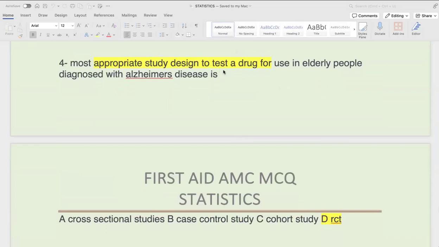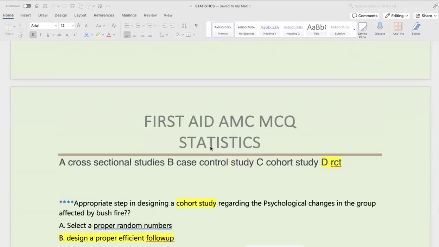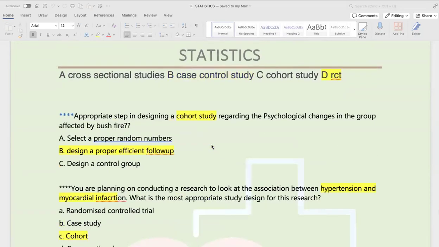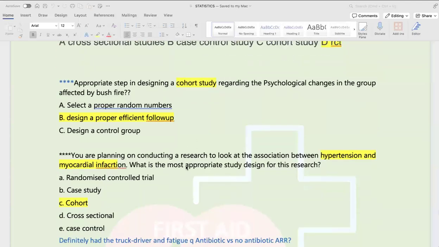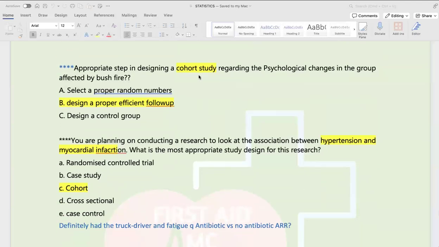What is the most appropriate design to test a drug for use in elderly people diagnosed with Alzheimer's? Again, the best is always RCT, or any of the others if they are there. What is the appropriate step in designing a cohort study?